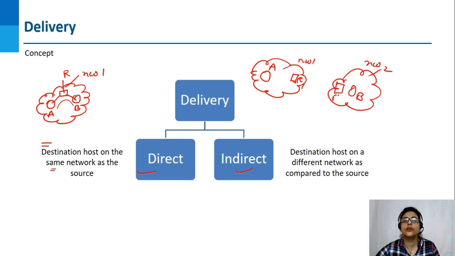We have another router here, R2. These two are connected through some network. Now, if packet has to be delivered from host A, it has to go to its own router. From this router, it has to be delivered to the router of the other network and finally to the destination. So this is known as the indirect delivery.